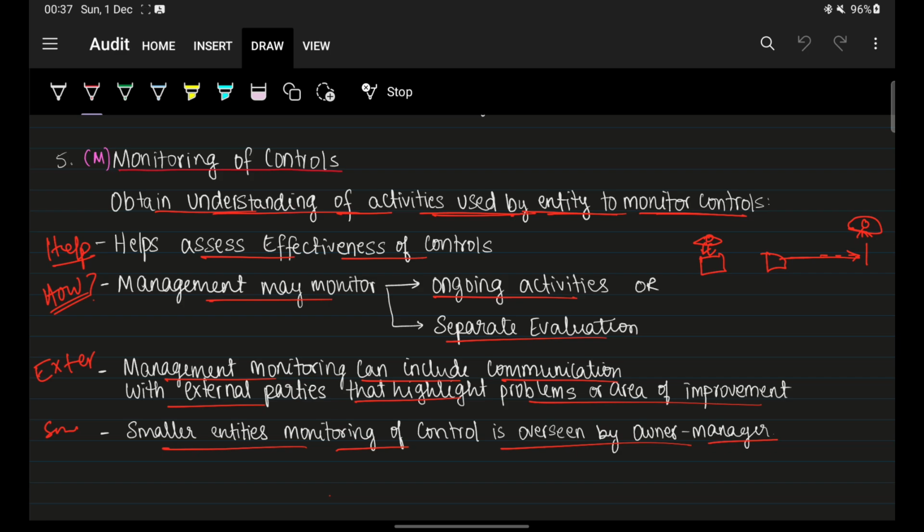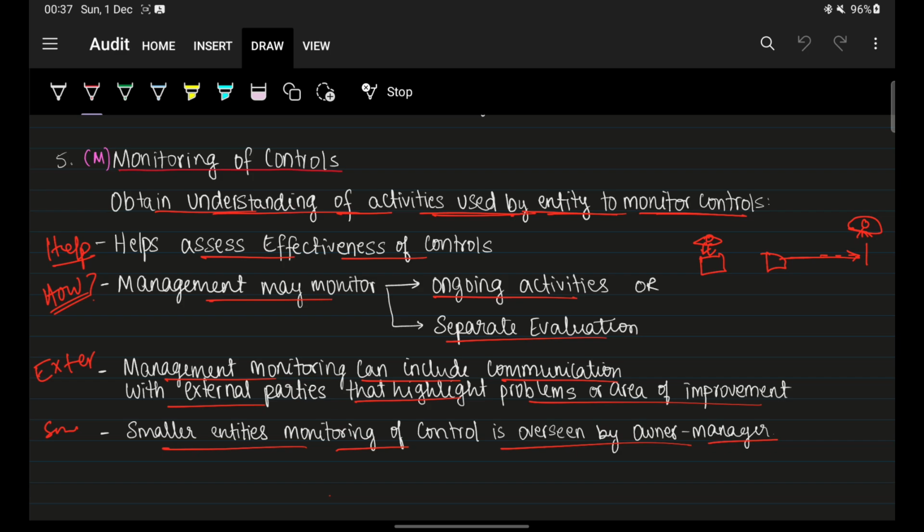Fairly simple. Firstly, when it comes to monitoring of controls, the auditor has to obtain an understanding of the activities used by the entity to monitor the controls. The first point is it helps assess the effectiveness of controls. The second point is how they're going to do it: either they can check on ongoing activities, or they can perform a separate evaluation.